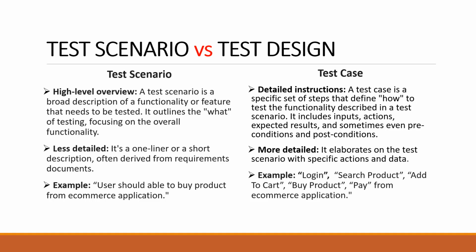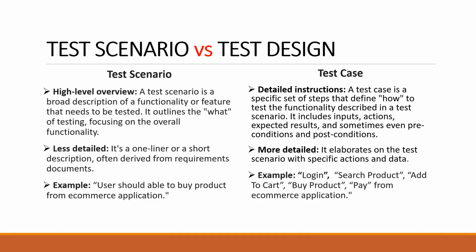Then add to cart. When the user searches for any product, he or she should be able to add that product into the cart. From the cart, the user should be able to buy the product, meaning the user should be able to move that product into the buy module. Now from the buy module, the user should be able to pay for the product.